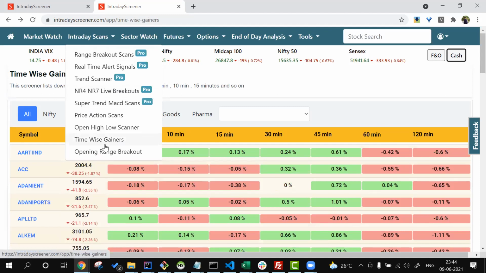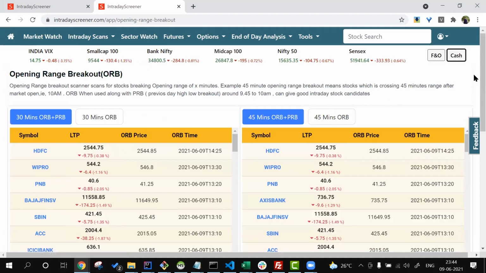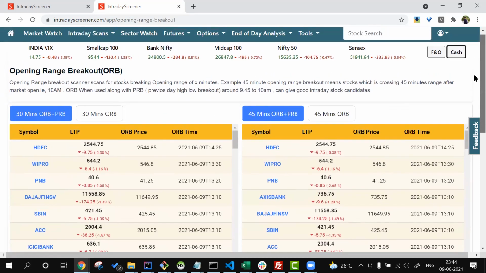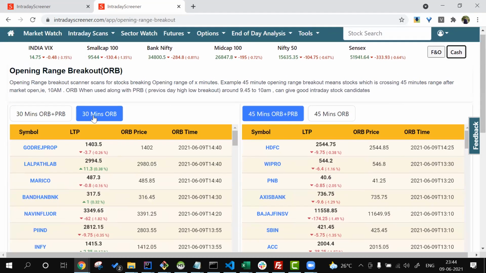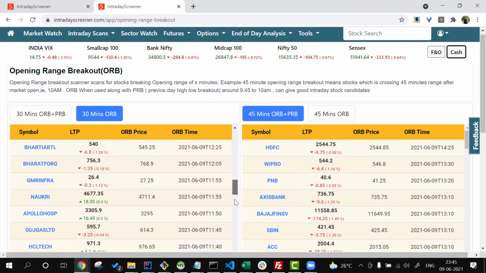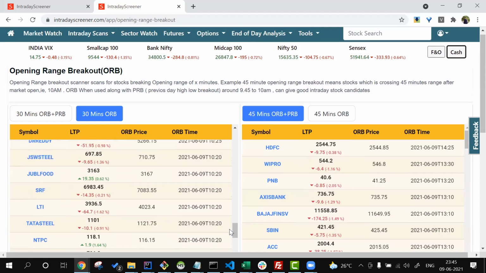time frame. Opening range breakout is again a popular trading strategy which gives you 45-minute or 30-minute opening range breakout stocks. That means the stock is moving above or below the 30-minute high and 30-minute low. For example, Godrej Properties, you can see along with time the opening range breakout. For example, at 10:20 Tata Steel has shown ORB.